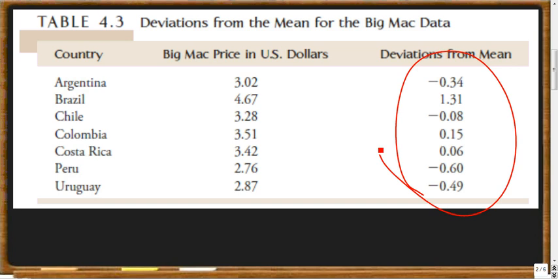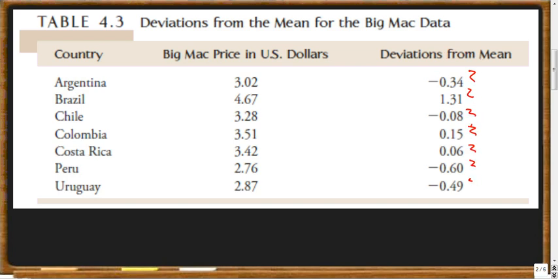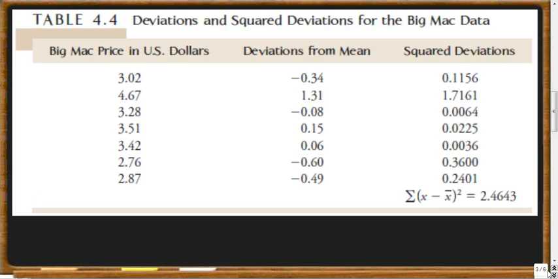Instead of doing that, what we decided to do is square each of these and then add them all up. So negative 0.34 becomes 0.1156, and so on, and you add all of these together. The sum of our squared deviations is 2.4643.